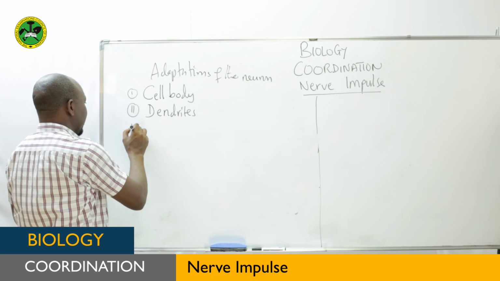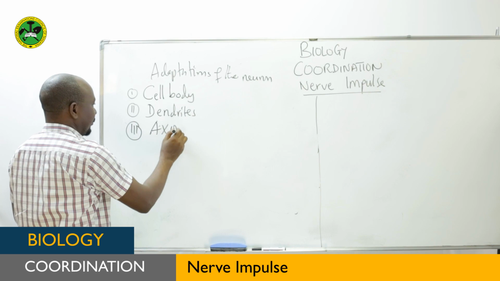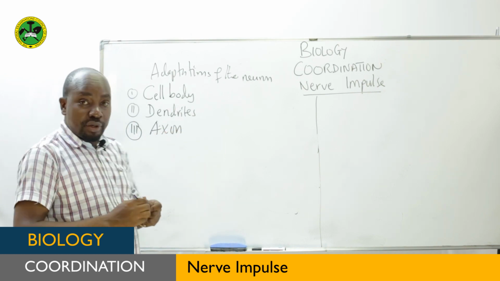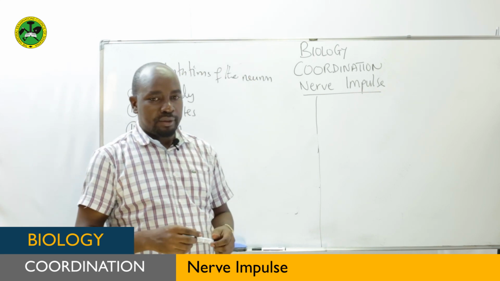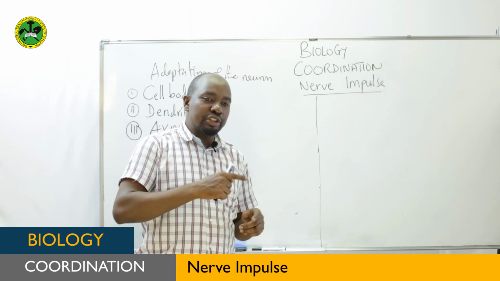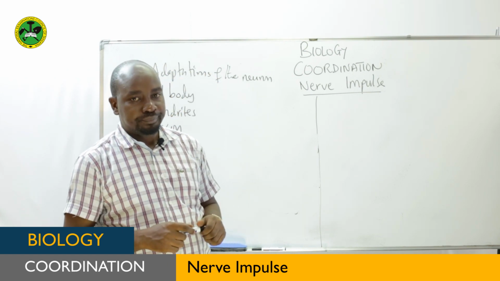Another feature is the axon. The axon is a thin, long, fiber-like projection from the cell body.